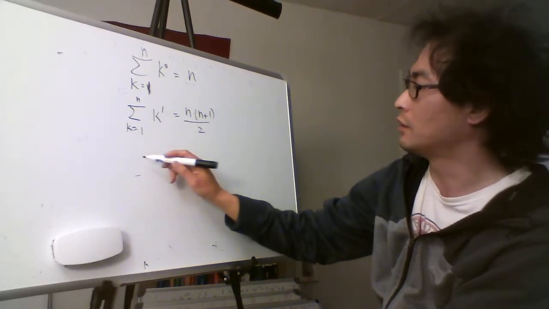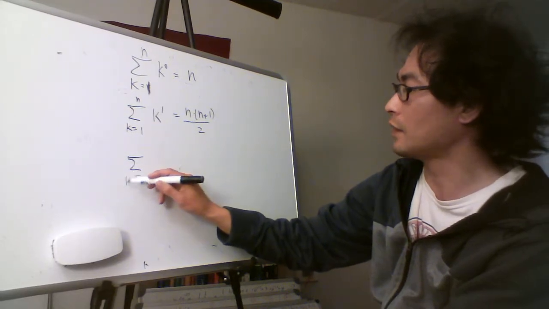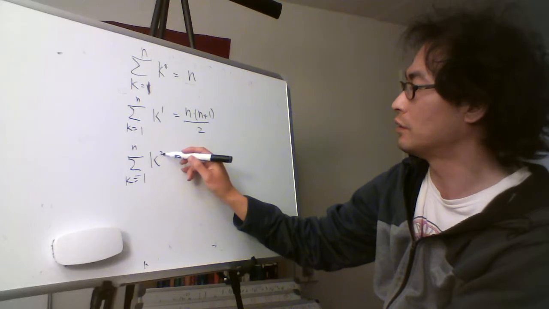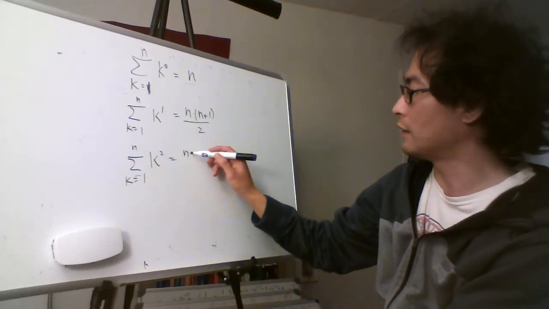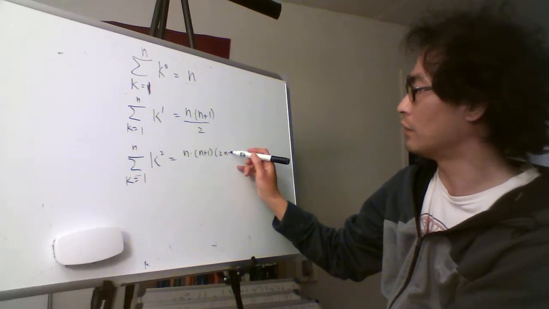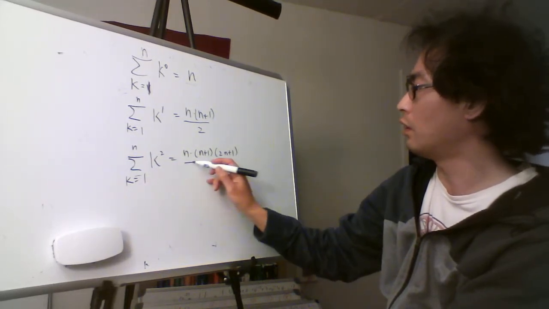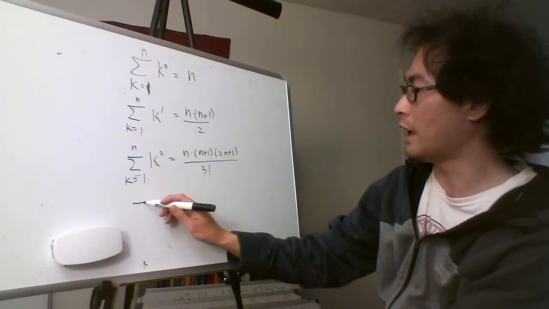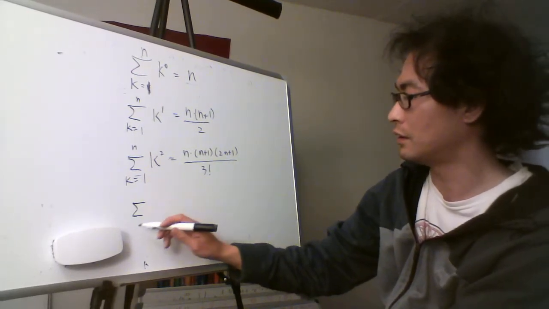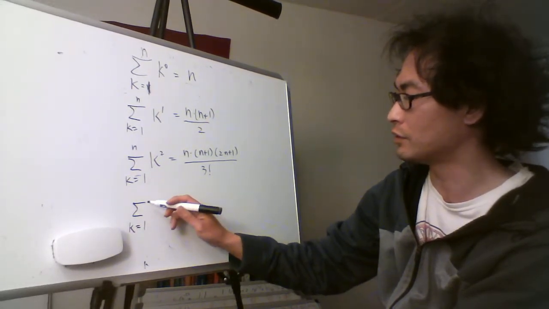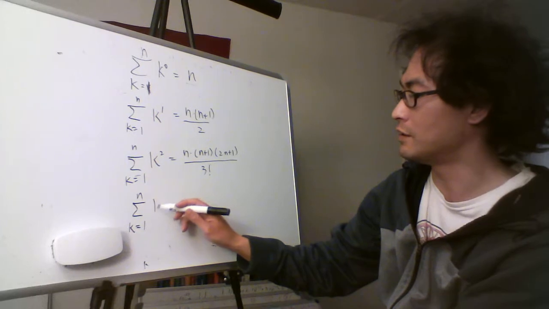Sigma k from 1 to n of k squared is equal to n times n plus 1 times 2n plus 1 over 3 factorial. And next we just prove it using mathematical induction. It's a legit proof.